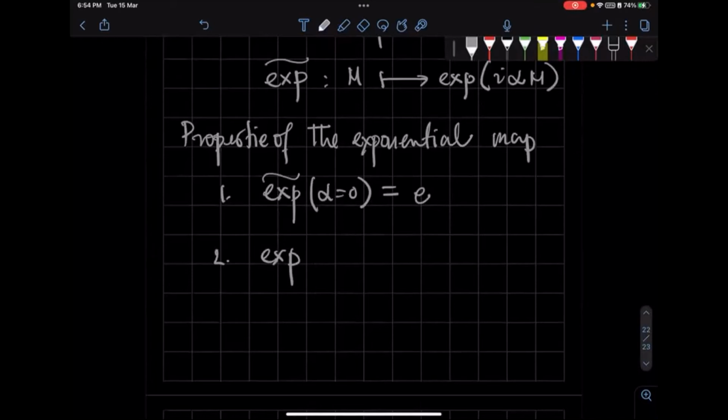So the exponential map has the property that if the parameter is 0, then we just get the identity element.